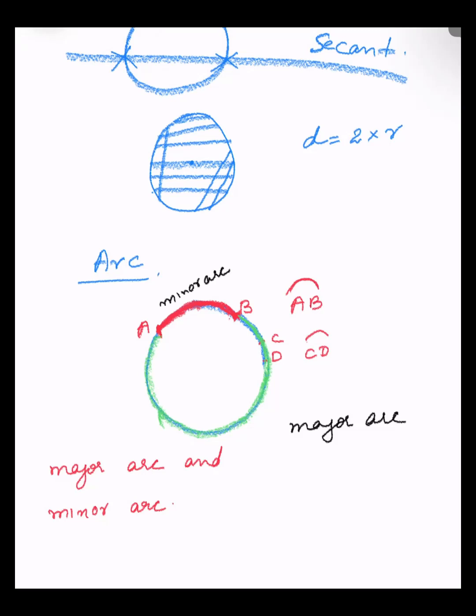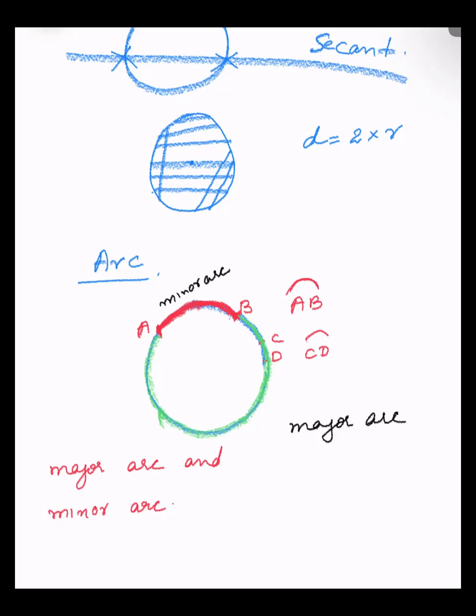So major arc is the bigger arc and minor arc is the smaller arc, whereas the starting point and ending point remain the same. From A to B, you can reach if you follow the red color path, or if you follow the green color path. Whichever way you follow, the longer one is major arc, the shorter one is minor arc.